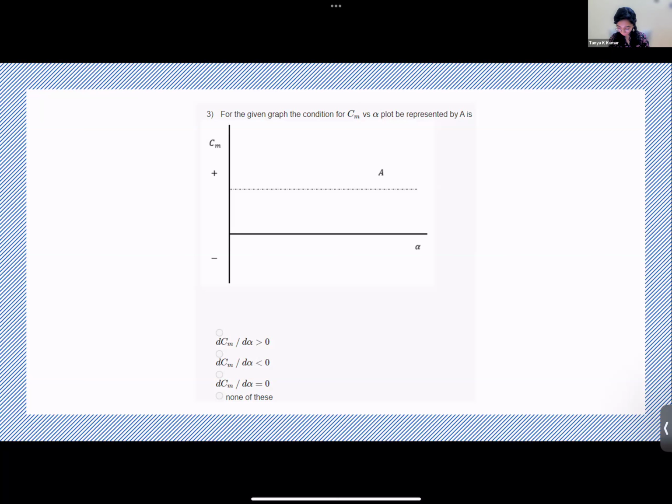For static stability, longitudinal static stability, what should it be?